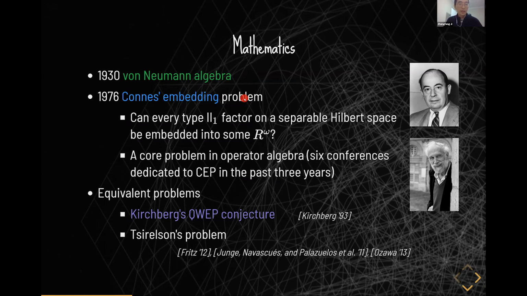In that process, Alain Connes proposed the so-called Connes embedding problem in his earlier paper in the 70s. At that time it was not a big problem; it was just mentioned in that paper as a conjecture.